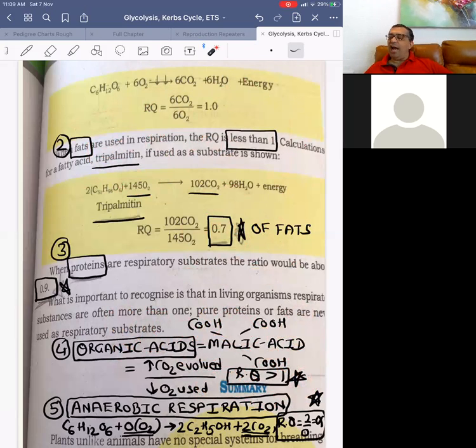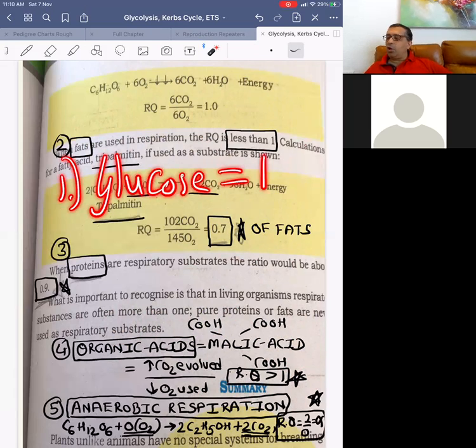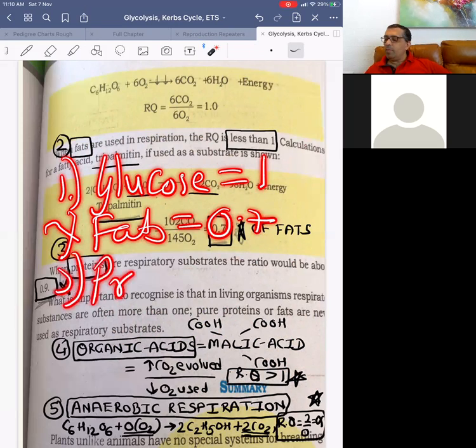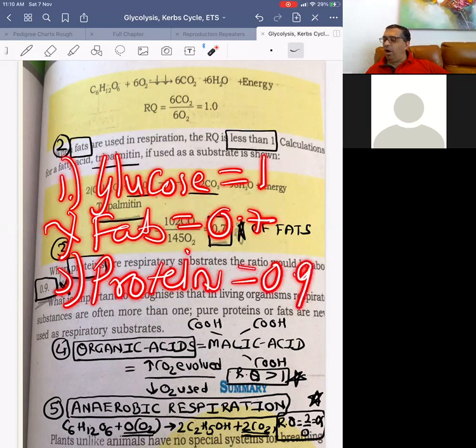Thus, we end the chapter. RQ of glucose is 1. RQ of fats is 0.7. RQ of proteins is 0.9. And RQ of organic acids is greater than 1.